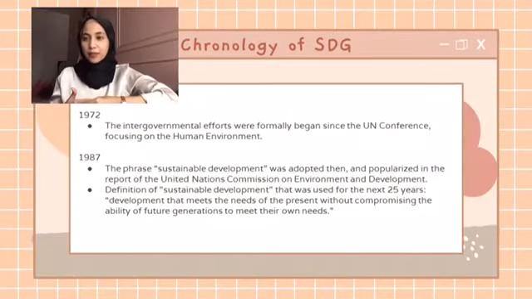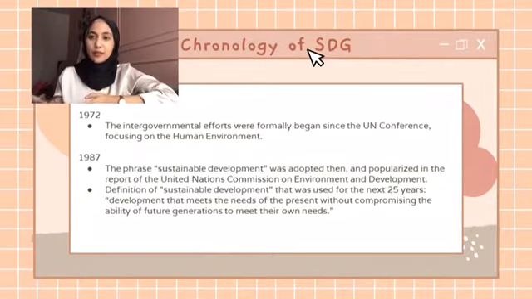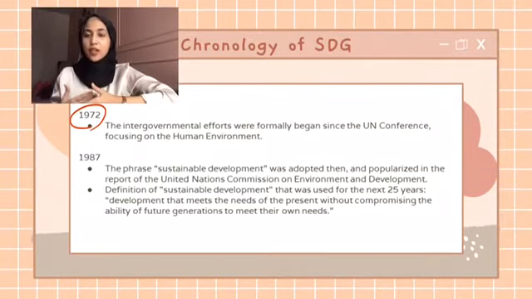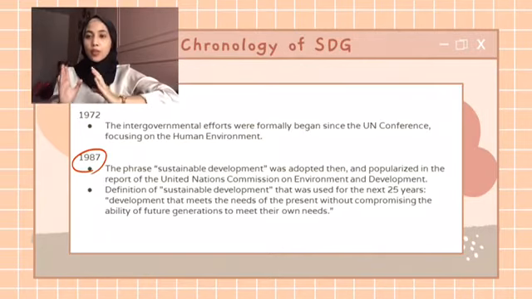Now that you have briefly listened to the background of the SDG, let's hop into the chronology of the SDG development. So firstly, in 1972, the intergovernmental efforts were formally began since the United Nations Conference, focusing on human environment. And then after that, the phrase sustainable development was adopted in 1987 and was then popularized in a report of the United Nations Commission on Environment and Development.